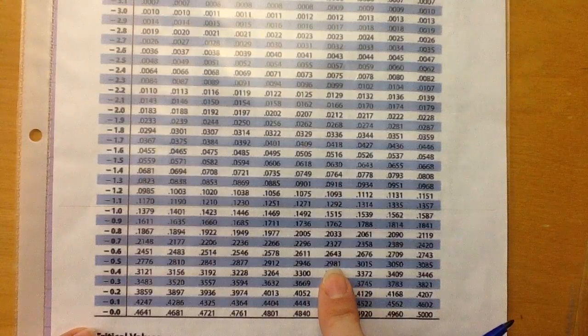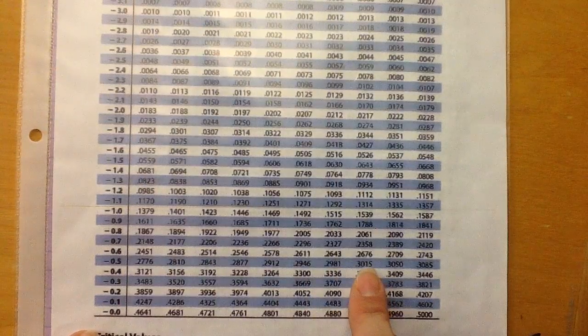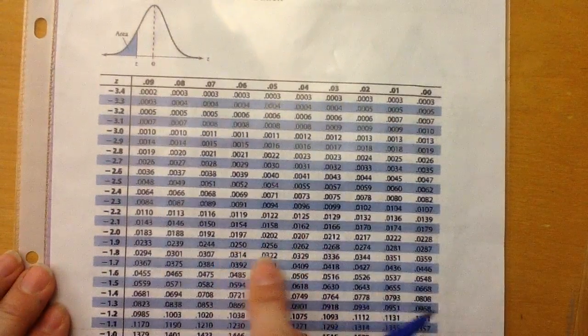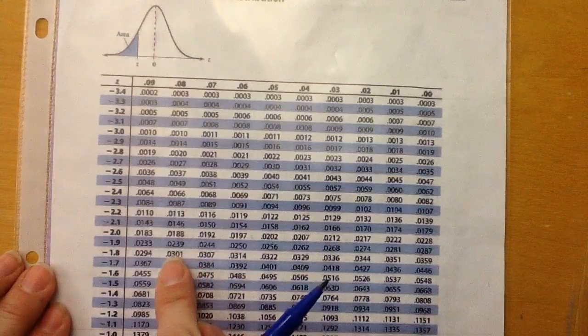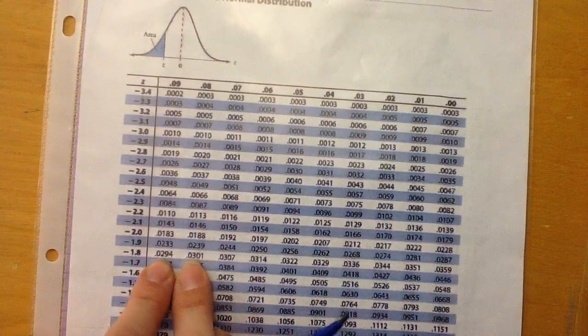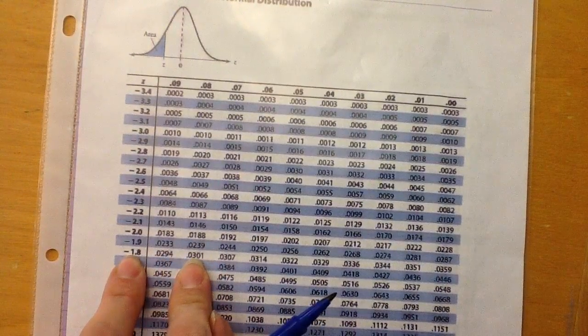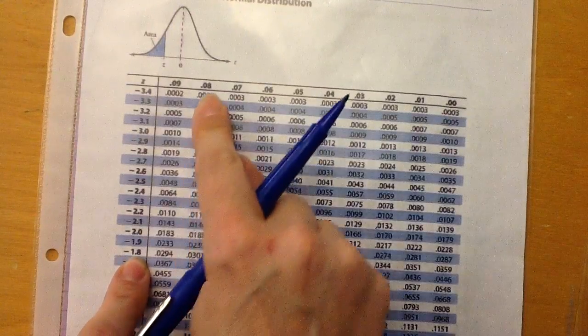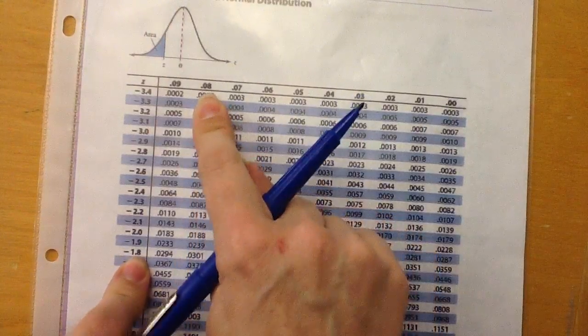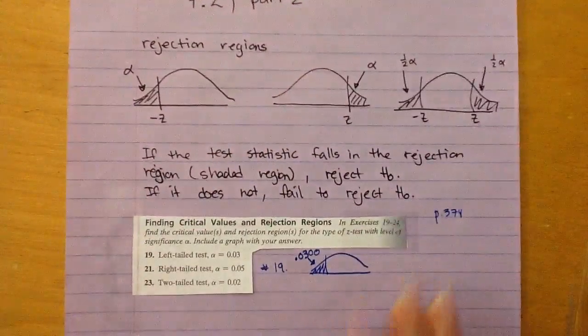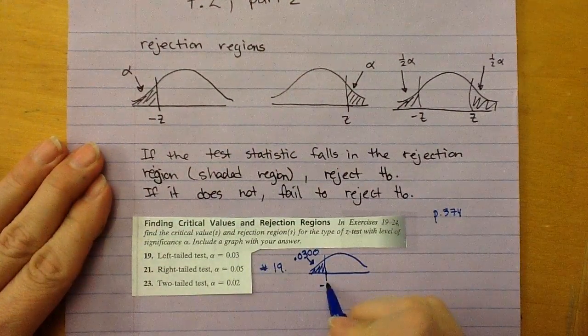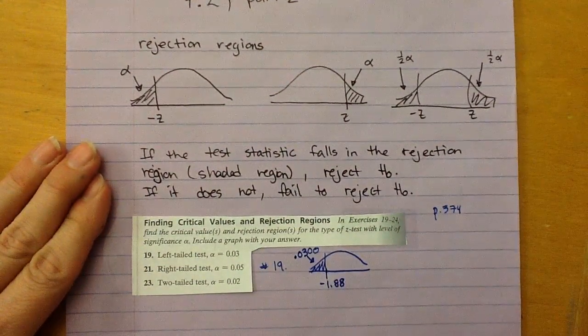We have 0.0294, 0.0301. So 0.0301 is the closest, so we'll use a z-score of negative 1.88. So this z-score is negative 1.88.